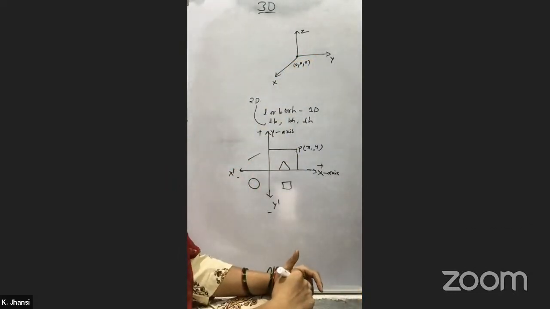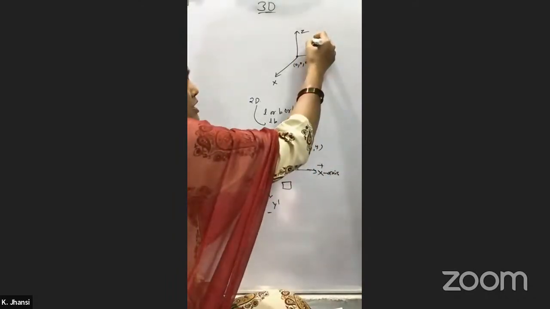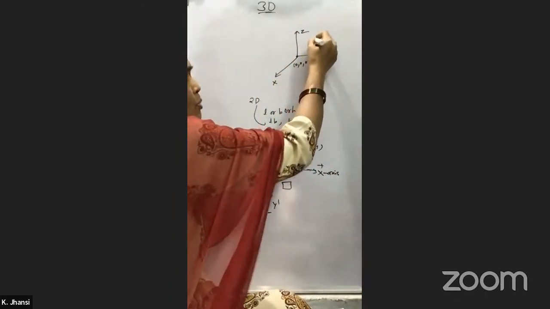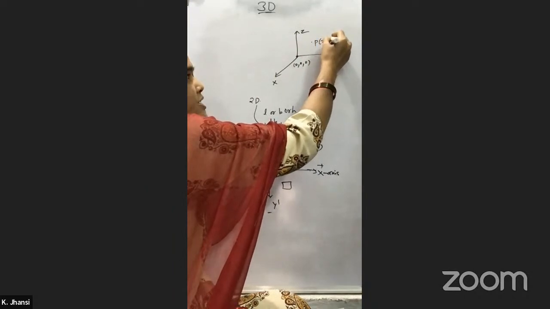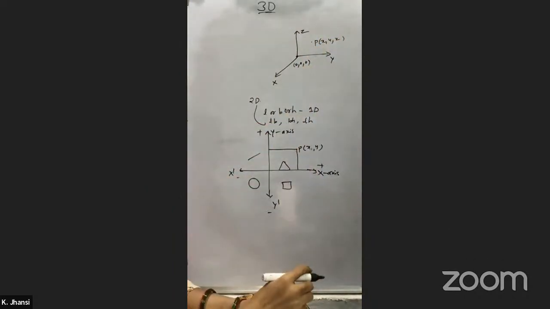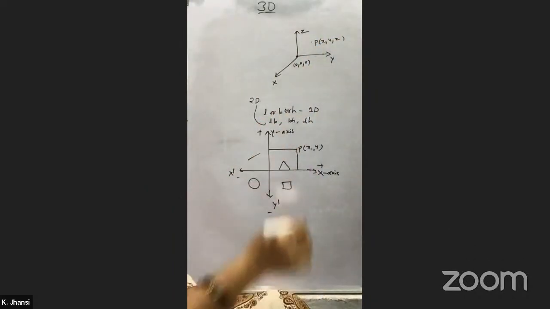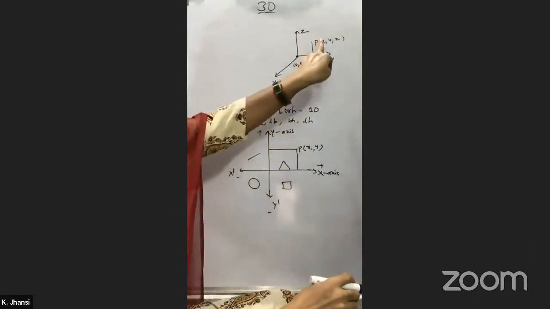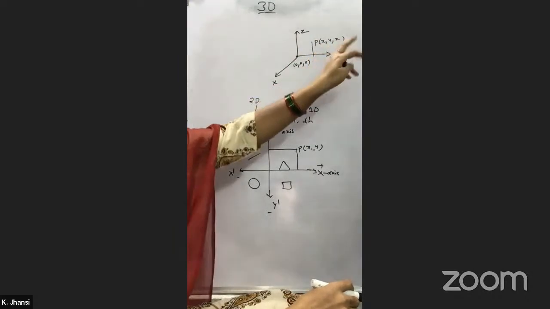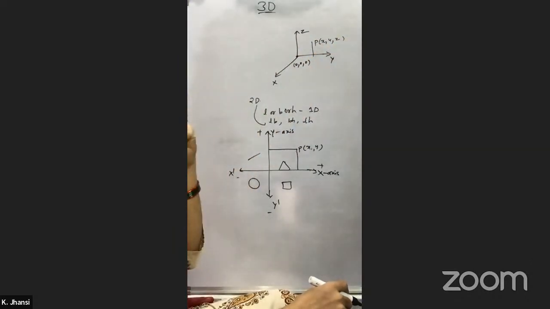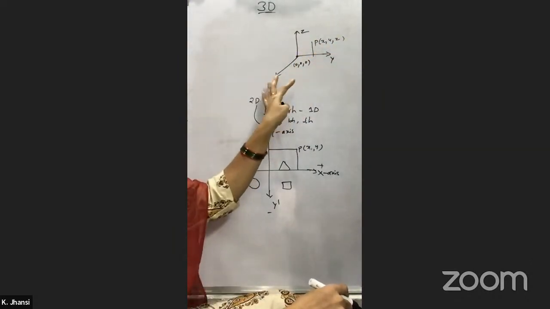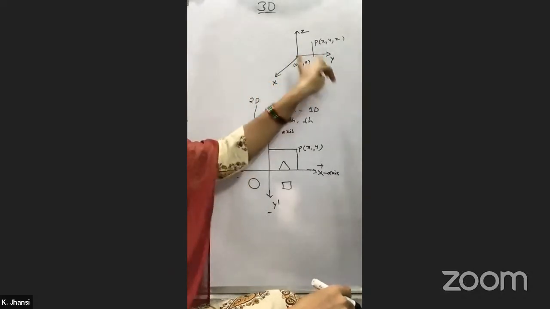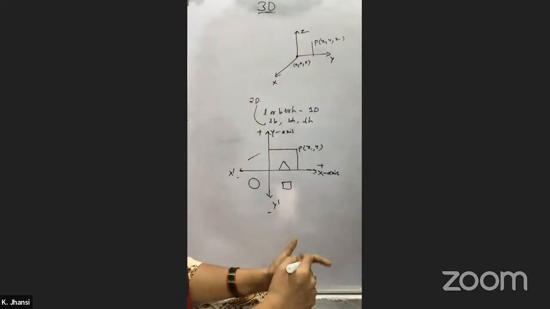Okay, and whatever point is present in this plane, that point will have the coordinates x comma y comma z. Whatever points are there, and the axes are x, y, z, so these three axes will be there.